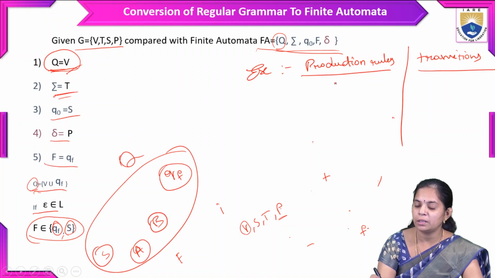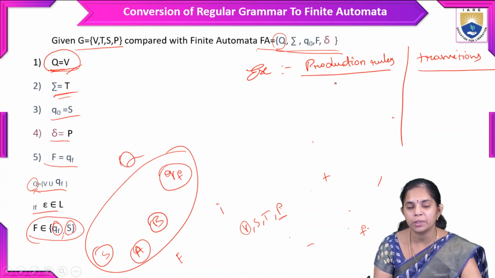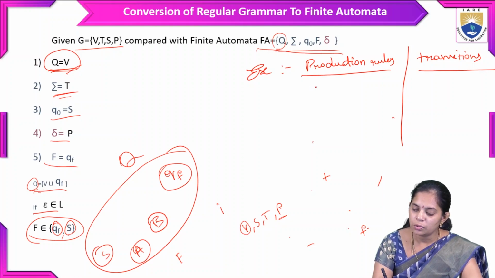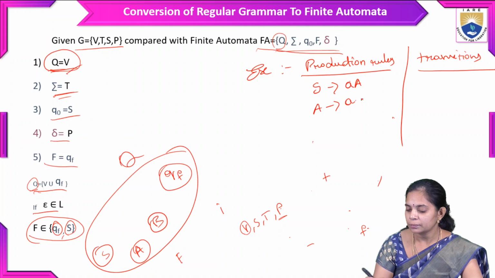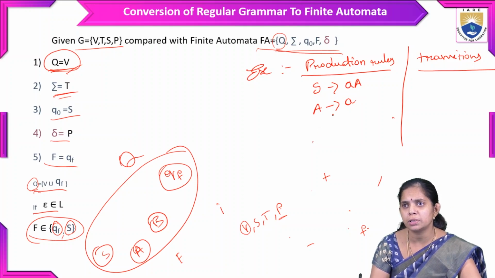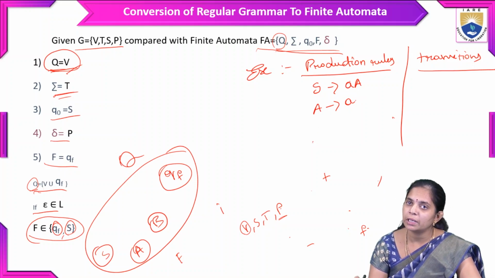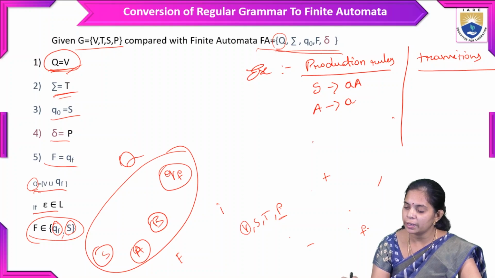First we need to write the production rule, then convert it to a transition. So here we will write S tends to, we will take a right linear grammar, aA, and also A tends to a. So these are the production rules example, and now we will convert these production rules to a transition.